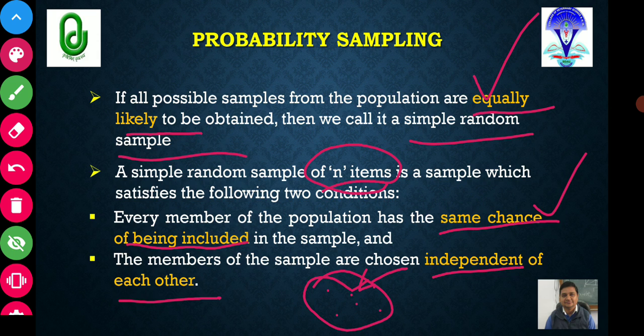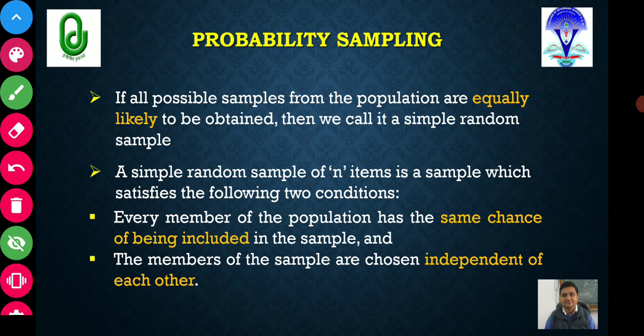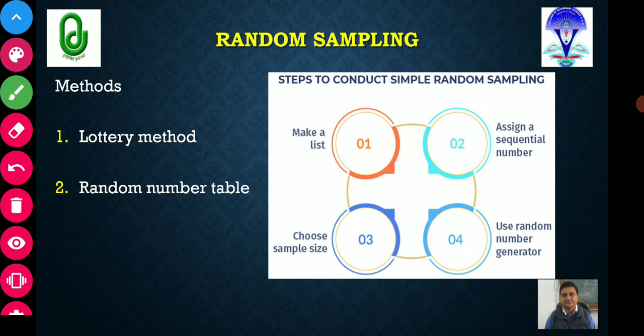The second time, the chance of selection of a nearby individual is always the same. It will not be like that if we are selecting individual A, the chance of selecting individual B will be affected by the chance of selecting individual A. That means the chance of selecting each and every individual is independent of each other. So these are the two conditions for doing simple random sampling.